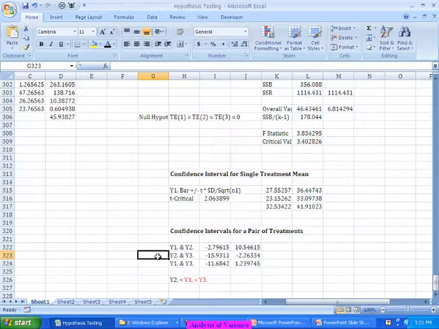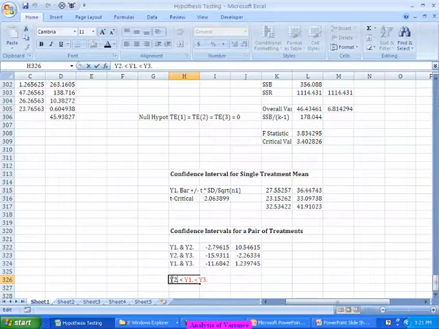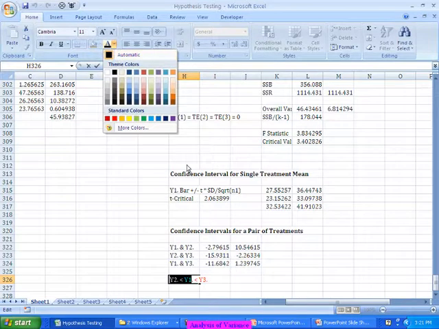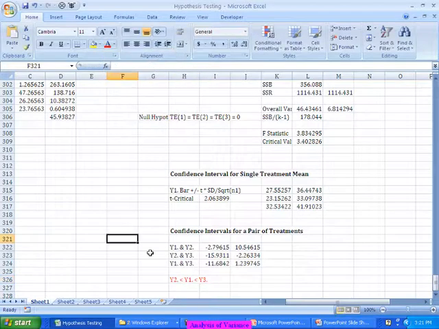So there is not much of a significant difference between y1 and y2. So y1 and y2 also will have to be marked in red. Y1 and y2 there is not much of a difference. Y1 and y3 there is not much of a difference. So there are two underlinings we do.